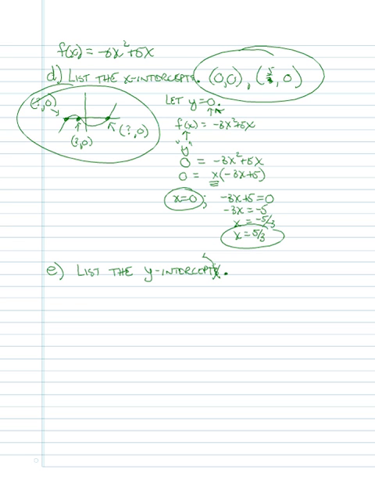And once again, I'm in a habit of writing my intercepts as points. But let me remind you for a graph in general. A y-intercept is where we cross the y-axis. And whenever we cross the y-axis, what we know about that point is the x value is 0. But we don't know the y value, and that's what we're really trying to find.